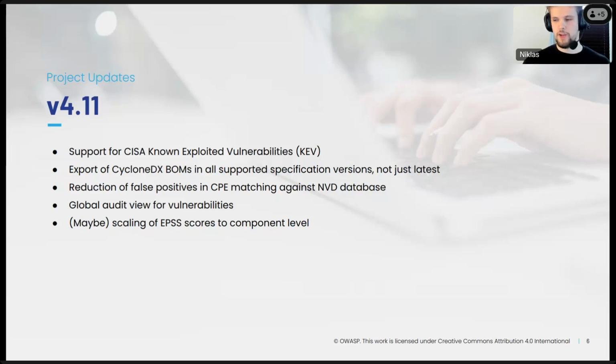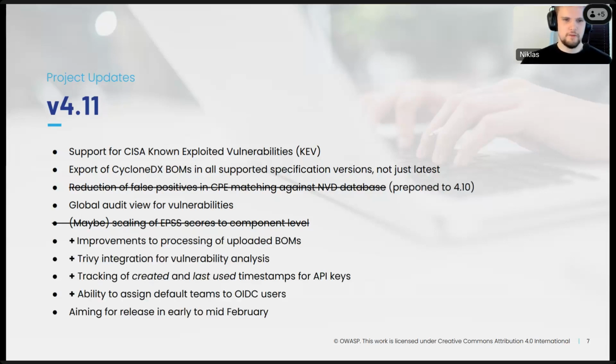Now, as for where we are right now, first off, we are still planning to include the CAF catalog support. Still, we want to include the multiple specification versions for downloading, but we preponed the CPE matching issues because they were easy to fix, and we had great support from the community for finding issues in it. So this was already delivered in 4.10.